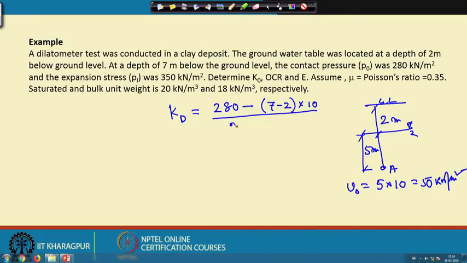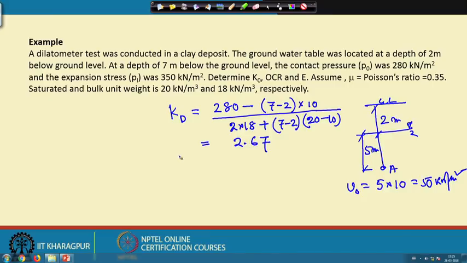So, effective vertical stress is 2 into 18 for the 2 meter, plus again 7 minus 2, and you have to use the submerged unit weight because it is below the water table, so this will be 20 minus 10. So, the Kd value is coming out to be 2.67.